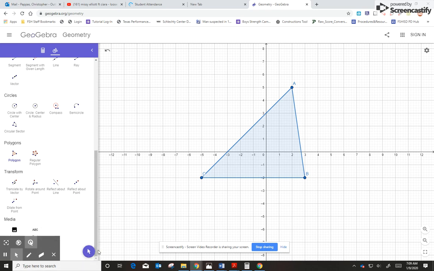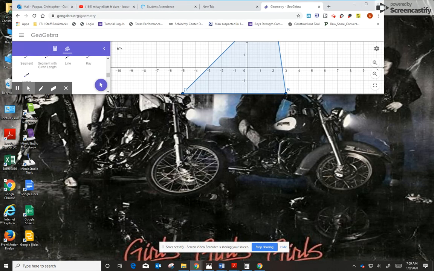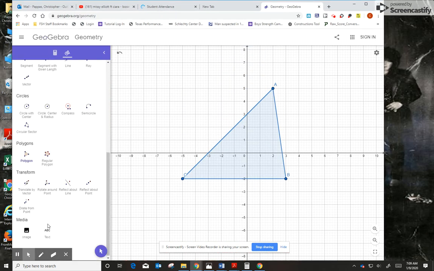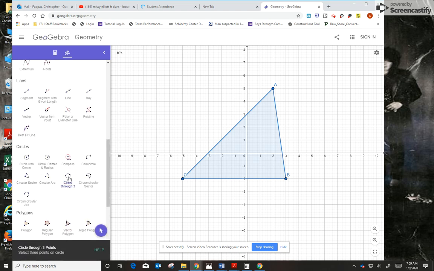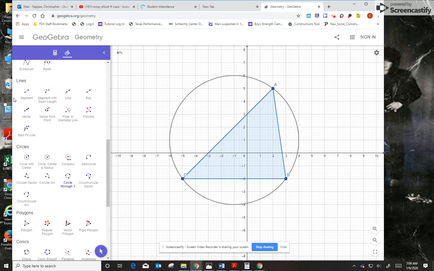If we go down to more, I think it's down here somewhere. All right, we're going to hit circle through 3 points. We'll click on point C, point B, and point A, and that'll give us our circle through those 3 points.